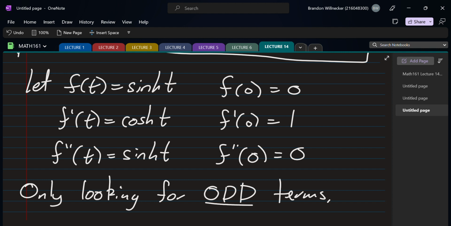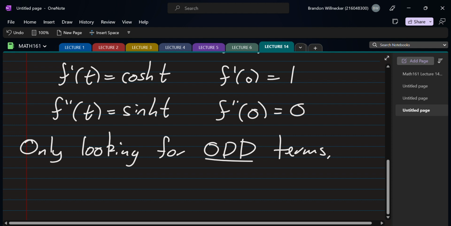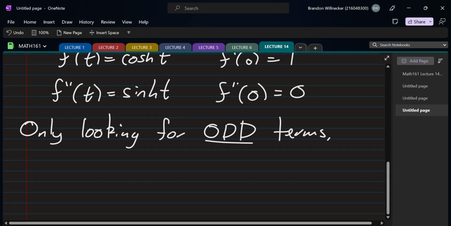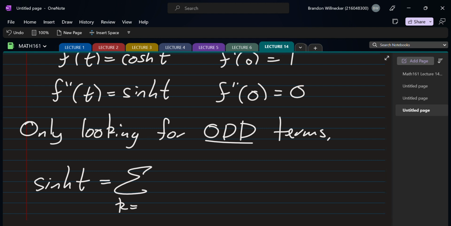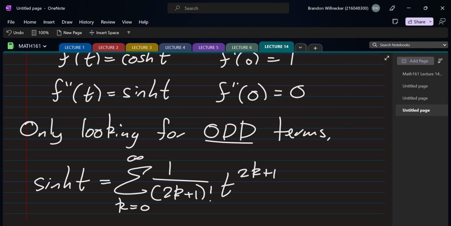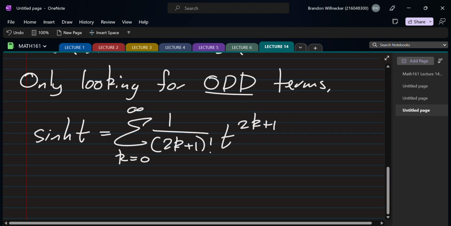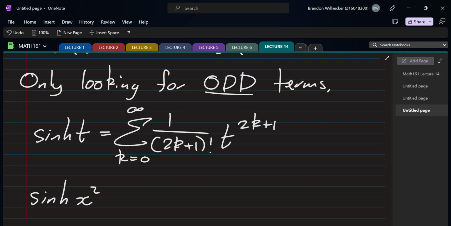If we want to write it in terms of k, and we want only the odd terms, we can use 2k plus 1, because that's always odd. So sine hyperbolic t is the sum from k equals 0 to infinity of 1 over (2k plus 1) factorial, times t to the 2k plus 1. But we wanted sine hyperbolic x squared, so we can put in the x squared now. Why 2k plus 1?